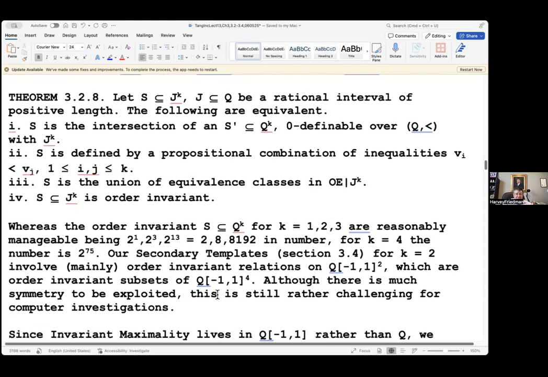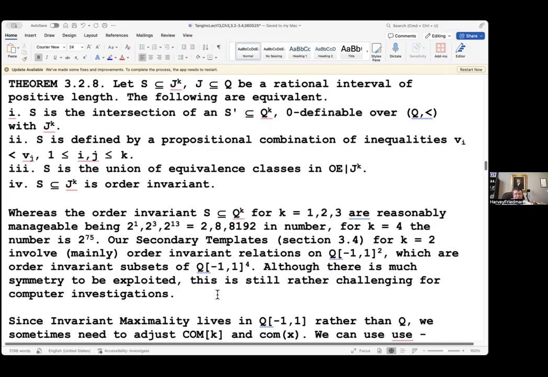Now, the order invariant sets for dimensions 1, 2, and 3 are reasonably manageable at 2, 8, and 81, 92. And for k equals 4, as I said, you run into 2 to the 75. This comes up because in our secondary templates for the only dimension 2, k equals 2, they involve order invariant relations on the interval -1, 1 squared, which are order invariant subsets of Q -1, 1 to the 4th power.